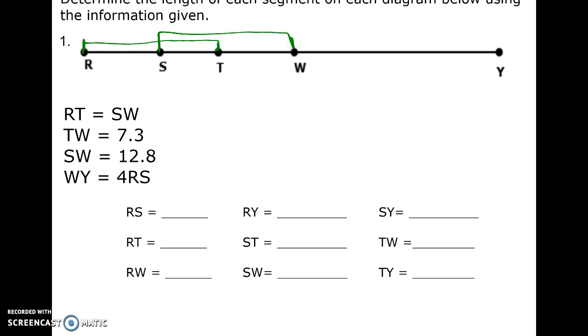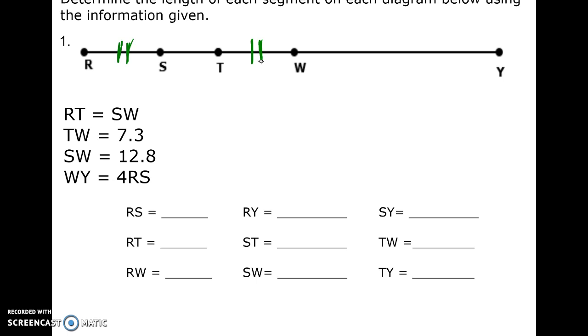Because we know that, based on our theorem, the two outside pieces have to be equal. So this equals this. Those are congruency marks.